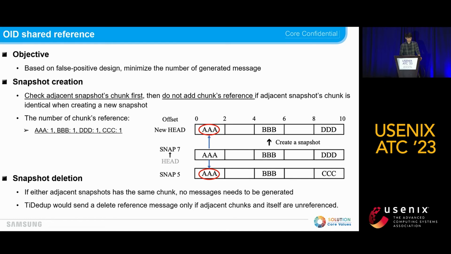For example, the reference count of chunk A in this example is 1. Like chunk creation, chunk deletion does not generate any message if the adjacent chunk is identical. TiDedup only generates the deleted message if there is no same chunk in the adjacent snapshot.